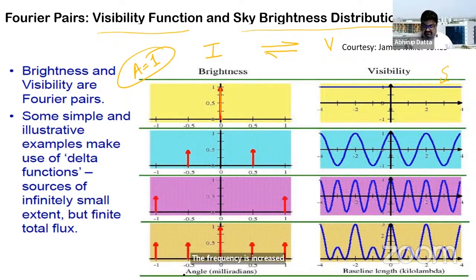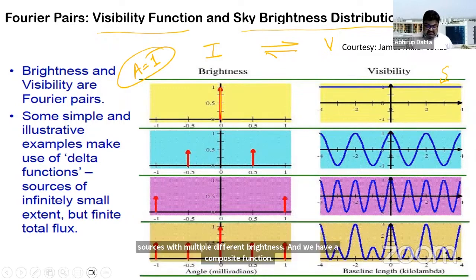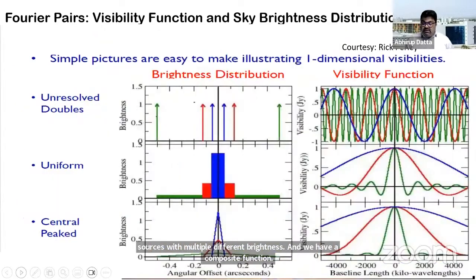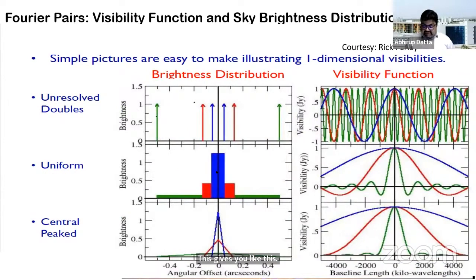And if you have multiple sources with different brightness, you have a composite function like this. You have various kinds of sources, like an extended source, a Gaussian kind of thing, and you have different kinds of functions in the visibility.